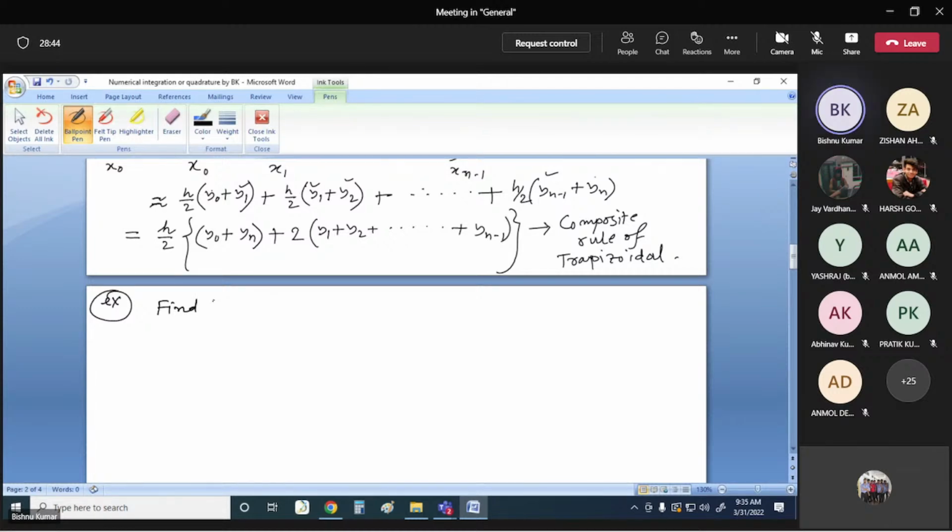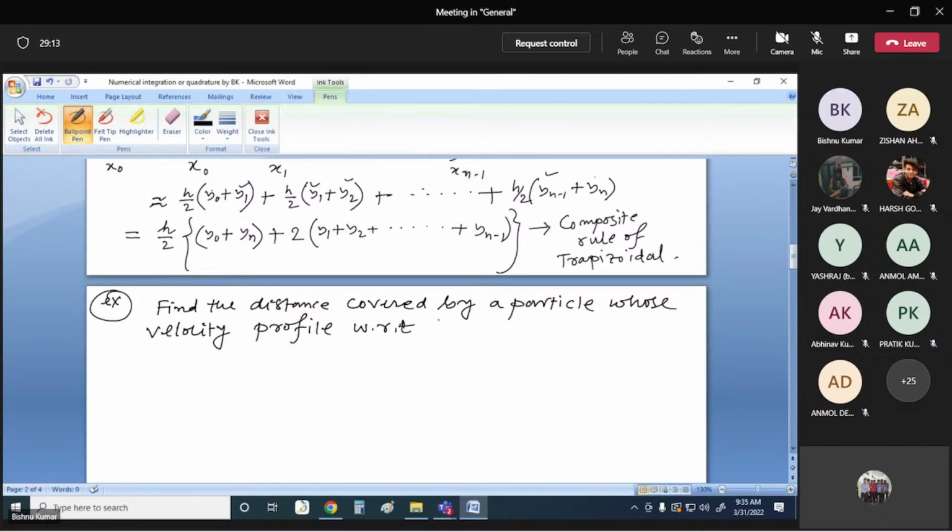Find the distance covered by a particle whose velocity profile with respect to time t is given below.